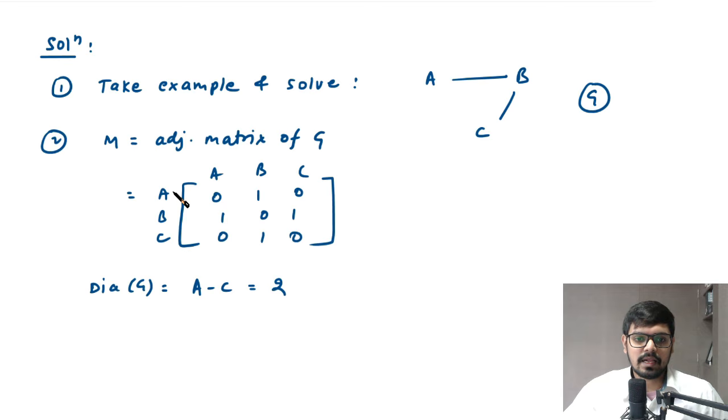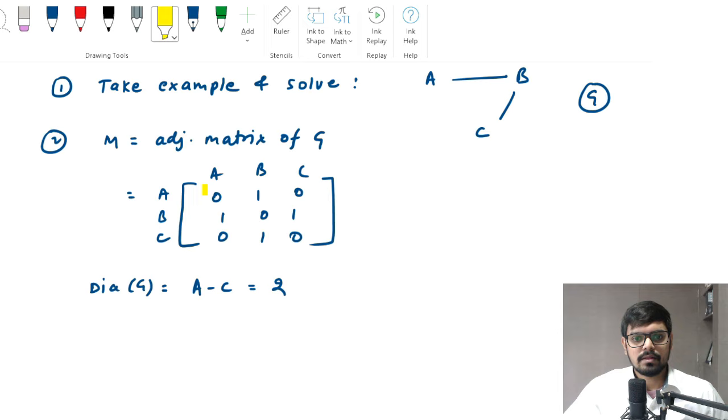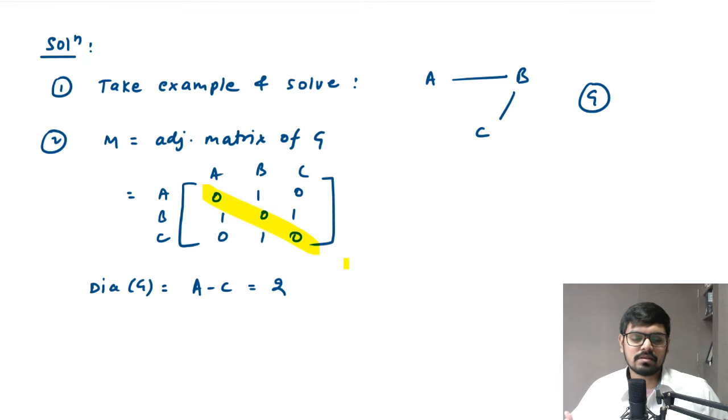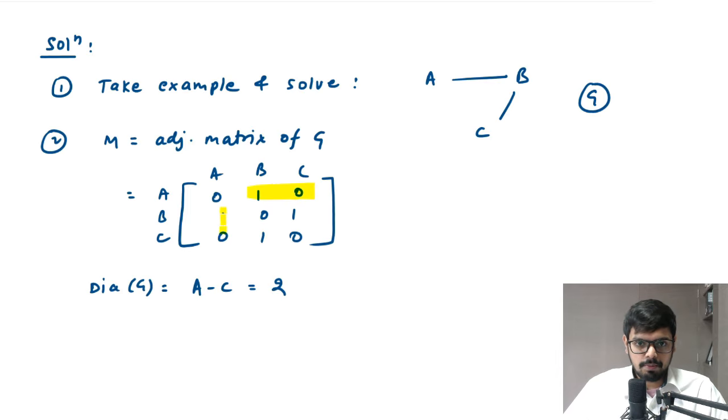So here tell me, A to A, can you see an edge? No self loop, 0. Similarly B to B, no self loop, 0. C to C, no self loop, 0. So diagonal elements are done. This is how fast you can develop the adjacency matrix. Then A to B, we see an edge, 1. A to C, no edge, 0. So this will be copied here. No need to investigate again since it is an undirected graph. Aij is Aji.